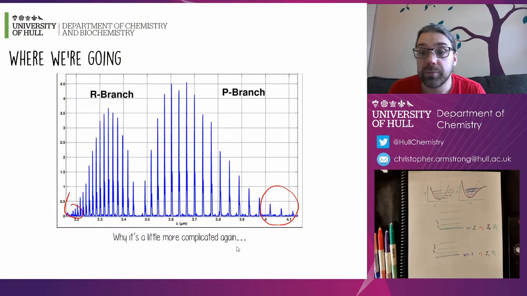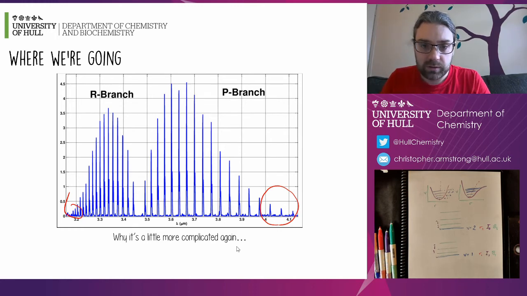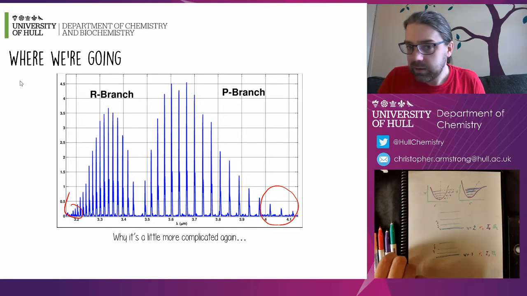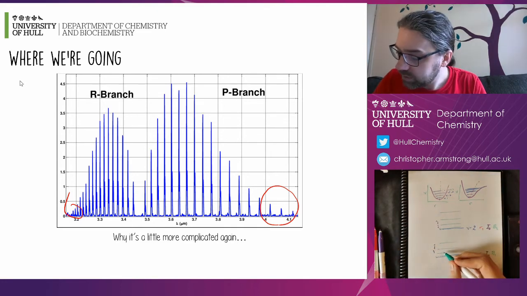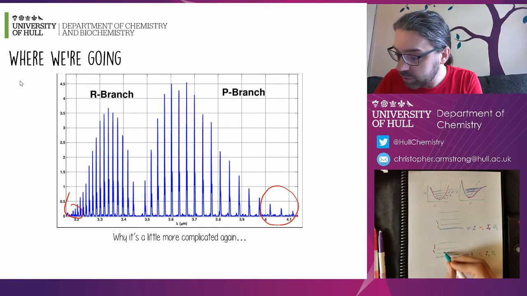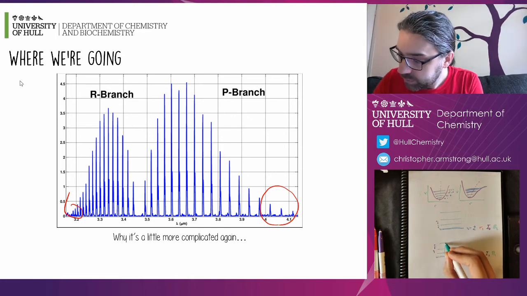And this is what we end up doing in the lab, so I'm not going to go over it too much here. There is another lab video on it. But the idea is, if we have a look at pairs of lines that should have common states, so let me say we start on this level here. We could in theory go up a level, or we could go down a level.